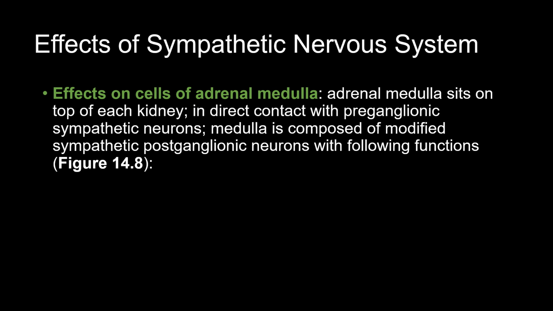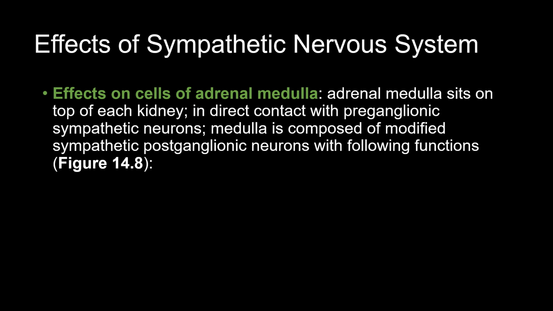Now, these adrenal glands that we talk about that secrete norepinephrine and epinephrine, they sit on top of each kidney, okay? And the adrenal medulla is the internal part of these glands. And what is unique is that it is contacted directly by preganglionic sympathetic neurons.